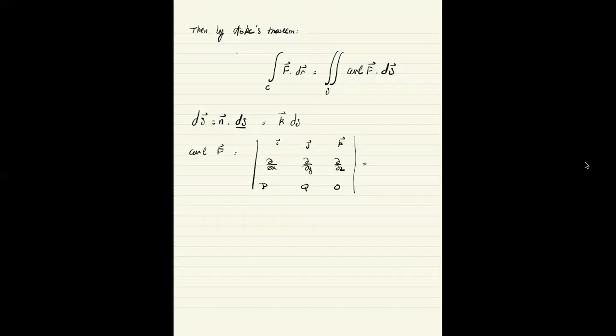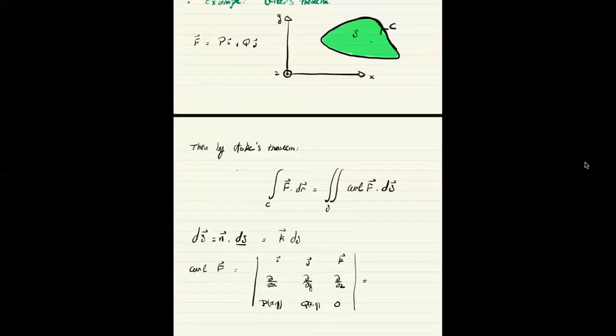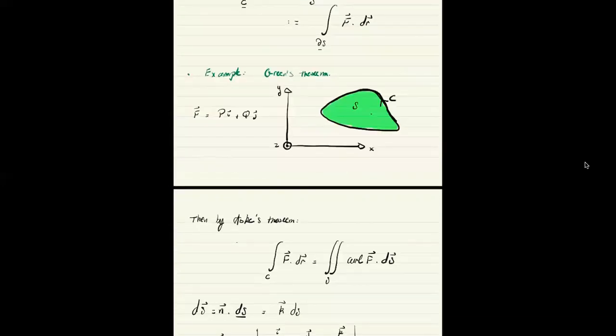These are functions of x, y. Yes, I remember. Yeah, because we are in the case of Green's theorem. So these are functions of x, y. It doesn't depend on z. It doesn't depend on where you are, right? It's a vector field that is on the xy plane, and it looks the same everywhere. So we're just in the setting of Green's theorem.